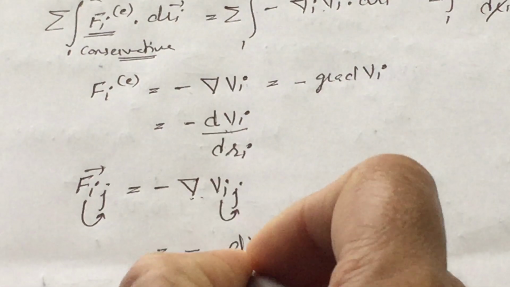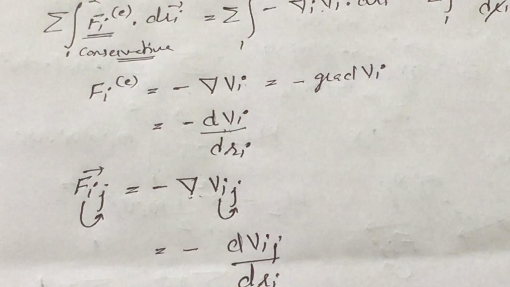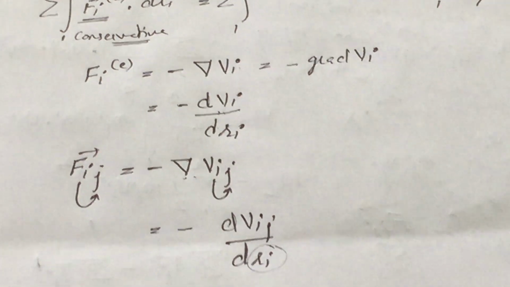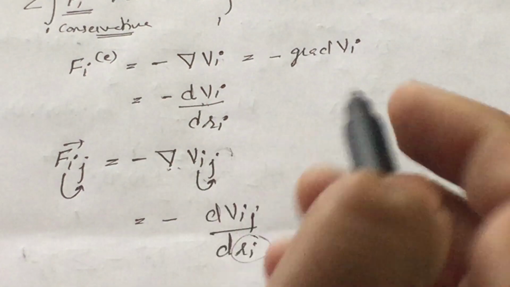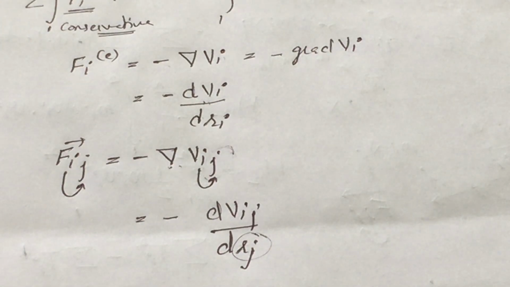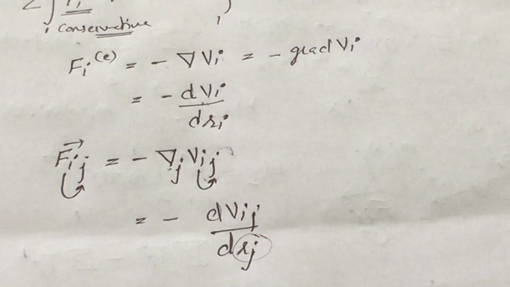Should we take here Ri, or should we take here Rj? What we will consider here, because as we are discussing the force on the jth particle, we are taking the change in the position for the jth particle, and hence we are putting here del j.